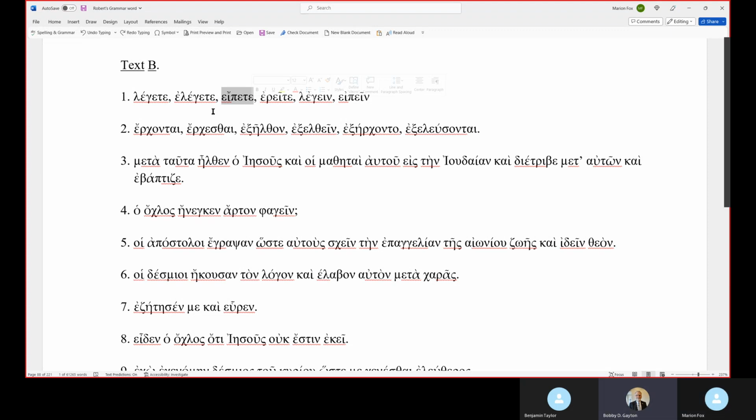But imperfect is linear durative action, something continuing to go on. You were saying. And plus, it comes from another word, lego. Yeah, well, this next one comes from that. Remember, it changes its form in the aorist.